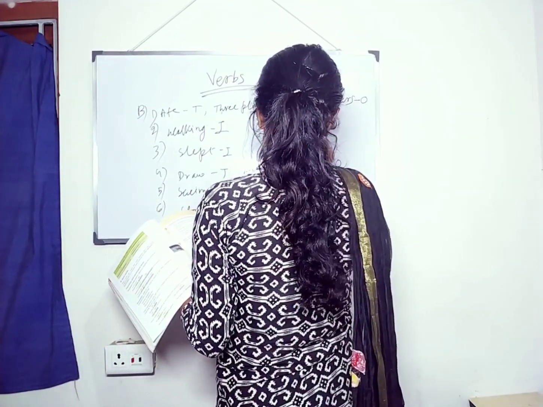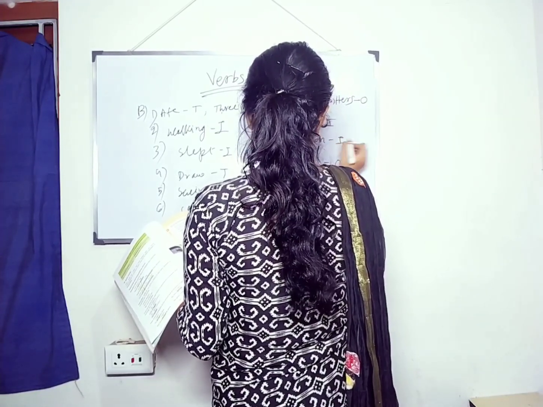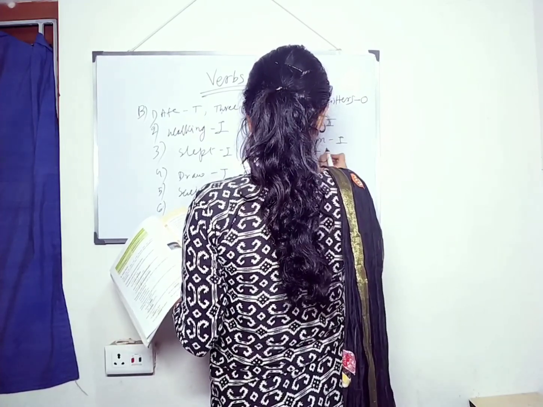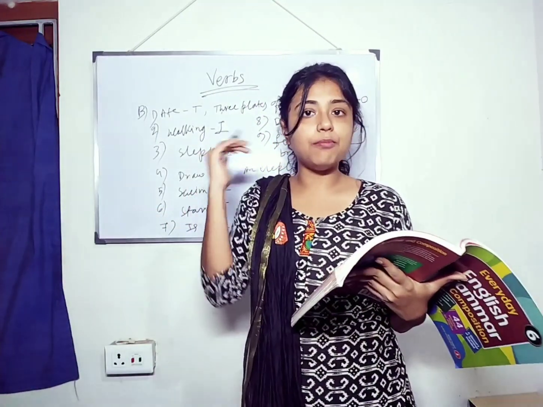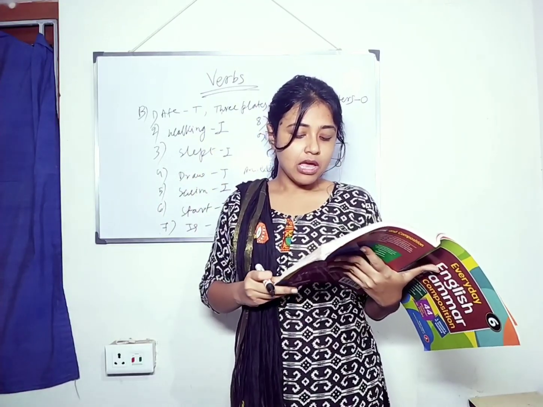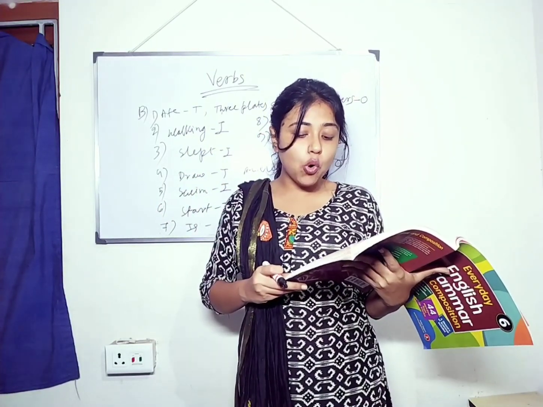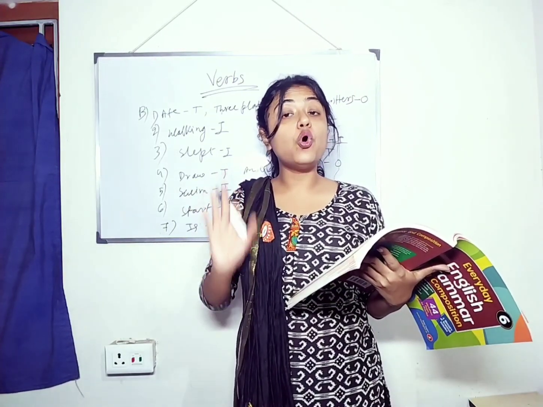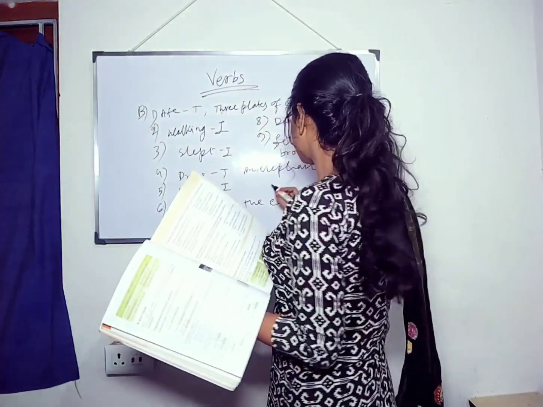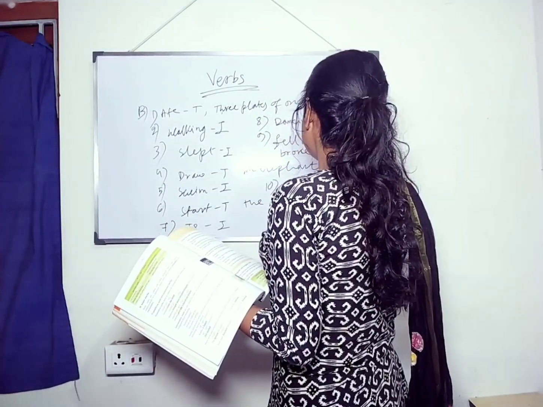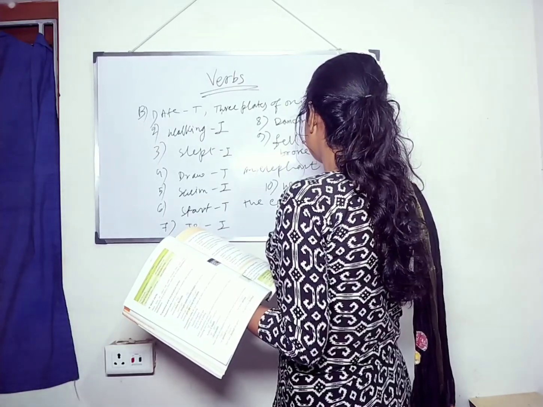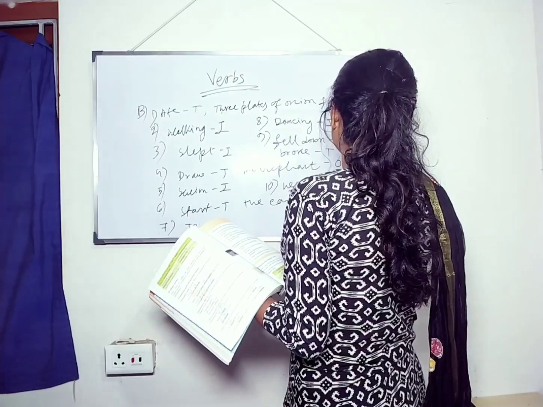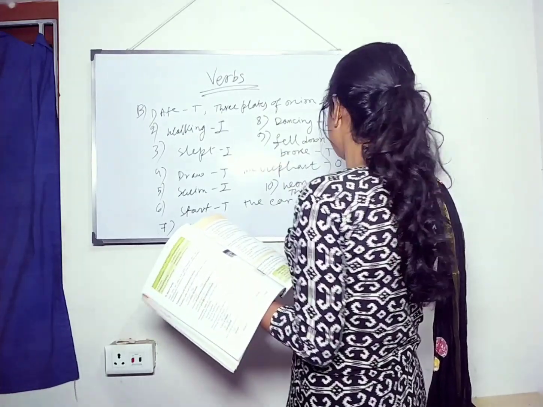Broke what? His head. Number 10. Vishwanath won 3 gold medals in swimming. Won what? 3 gold medals. So won is transitive and 3 gold medals is the object.